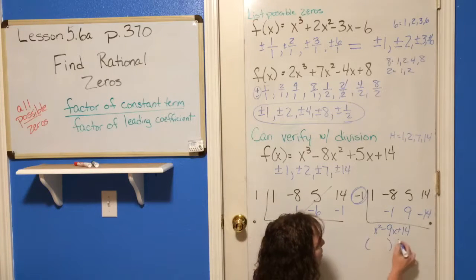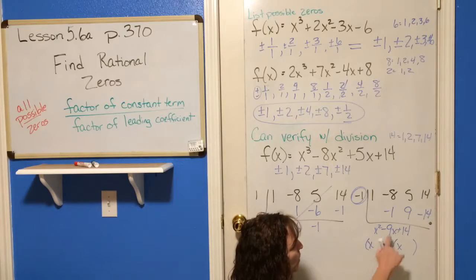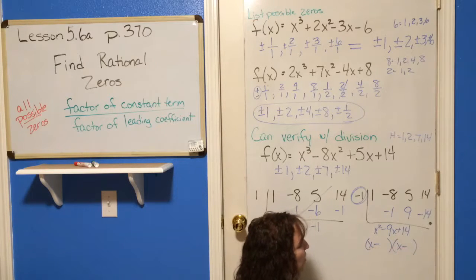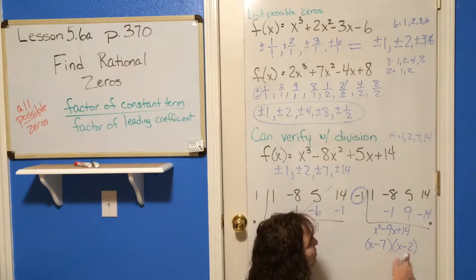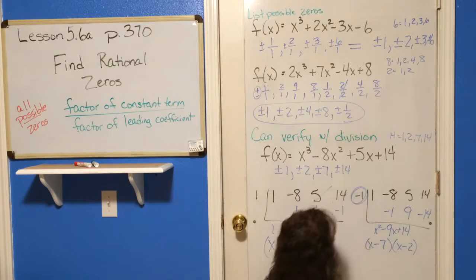So what we've got here is x times x is x squared. We want this to be positive, so the signs are the same, but we want them to add to be negative, so they're both negative. Oh, guess what? 7 times 2 is 14, and 7 plus 2 is 9. So we got off easy.